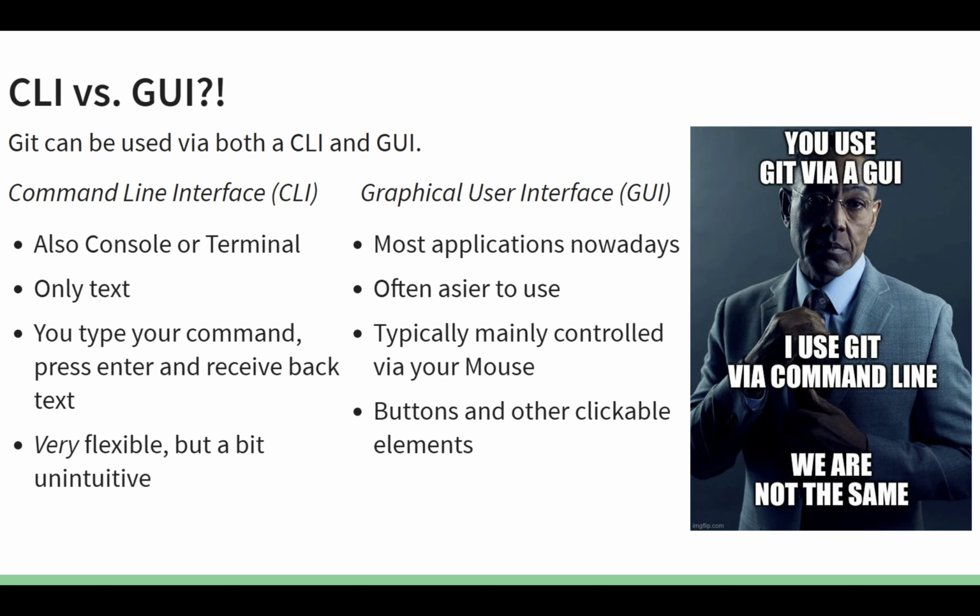This argument applies to any command line versus GUI program. A GUI is really easy to get into. You have these buttons telling you what to do, and for a beginner, it's very easy to understand what's going on.